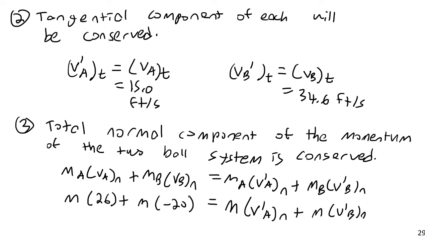I can divide all the way across by M, and I get that the normal components of the two final velocities follow this relationship: VA prime n plus VB prime n will simply be equal to 6.0.